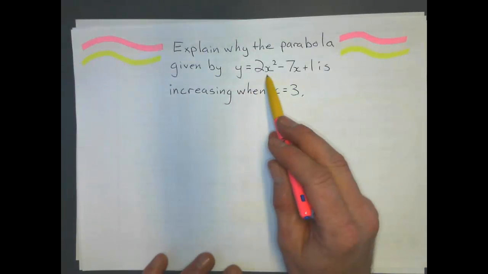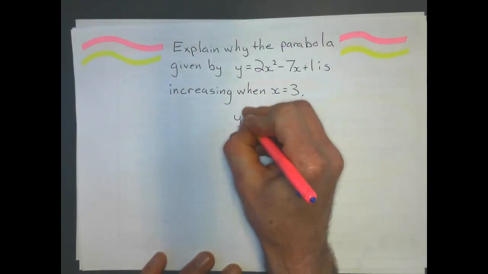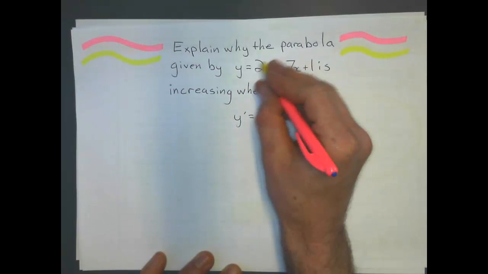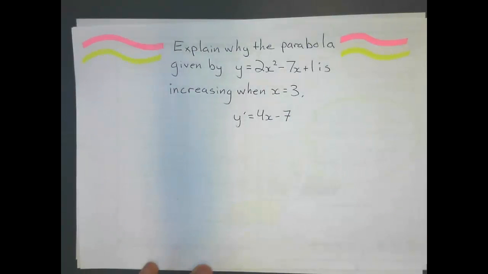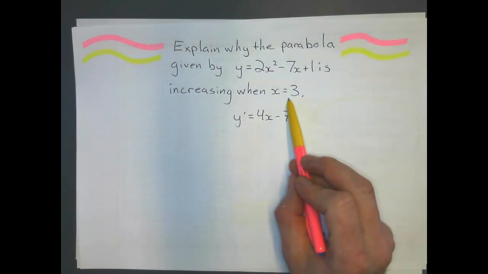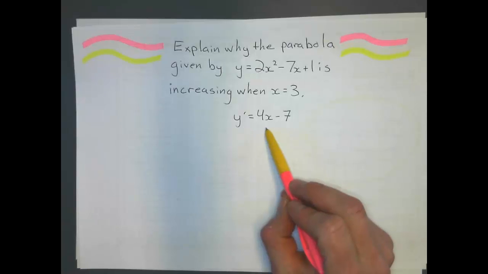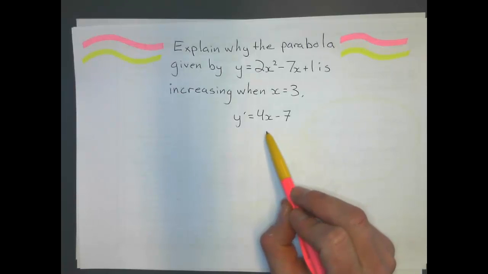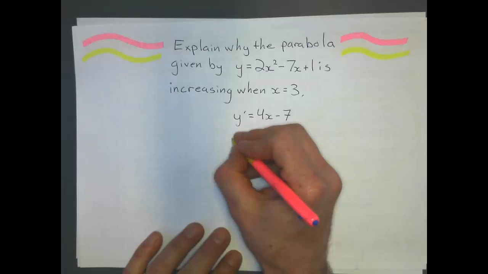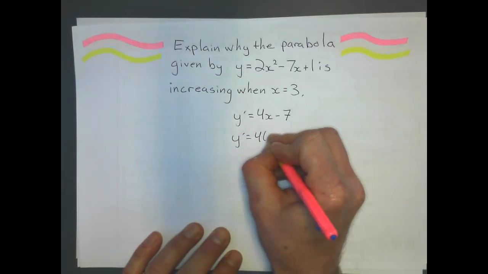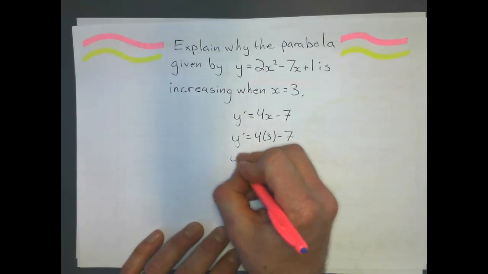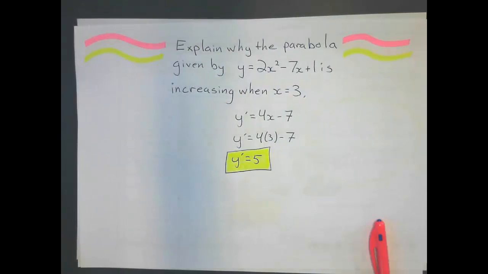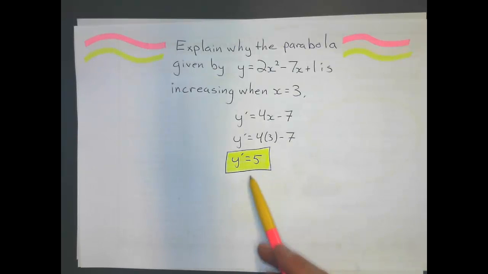To find out if it's increasing, find the gradient function first. The gradient function is the derivative, 4x minus 7. The gradient at x equals 3: I substitute that into the gradient function. 4 times 3 is 12, take away 7 gives me 5.